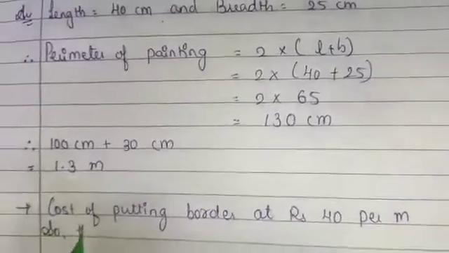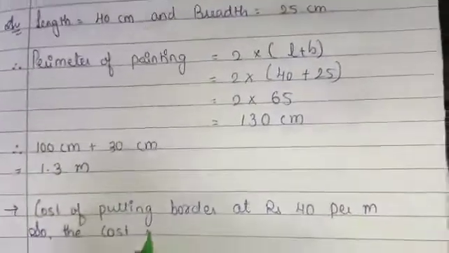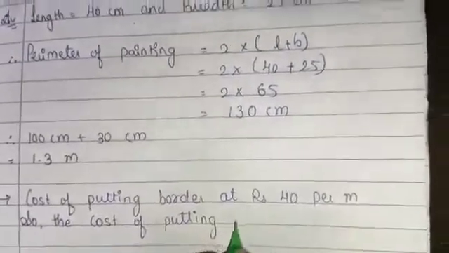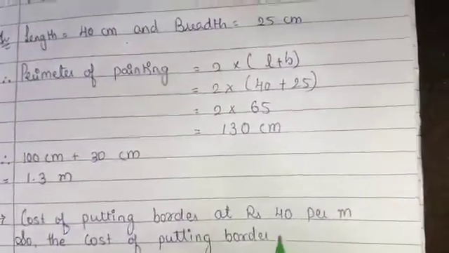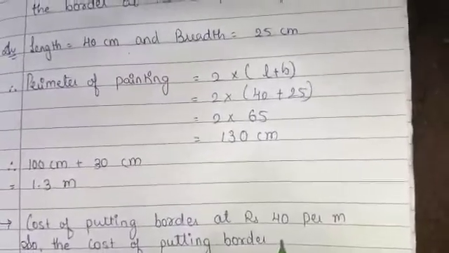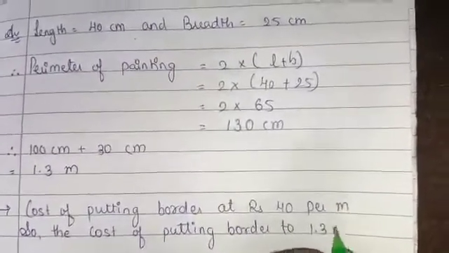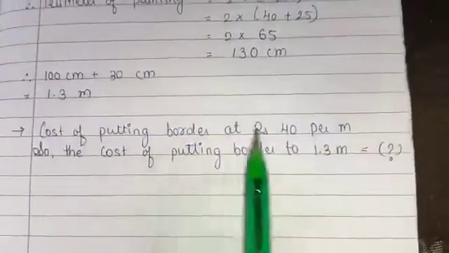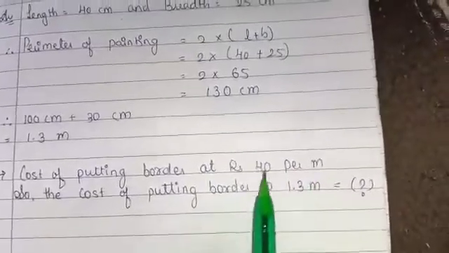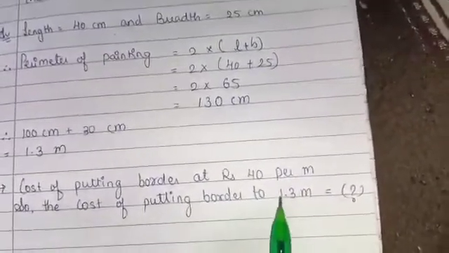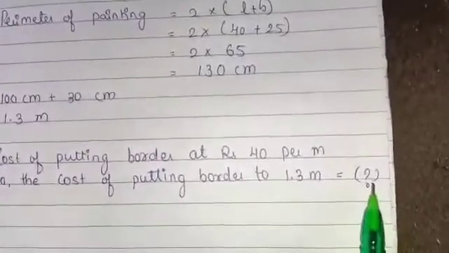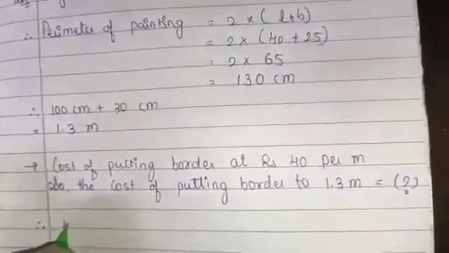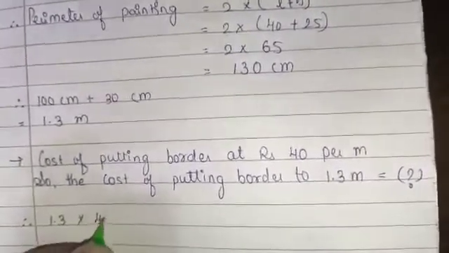So the cost of putting border for 1.3 meter equals how much? It means if you want to do 1 meter, then you have to pay 40 rupees. So you have more than 1 meter, that is 1.3 meter. So how much will it cost? So we have to write, therefore, 1.3 meter multiplied by 40 rupees.